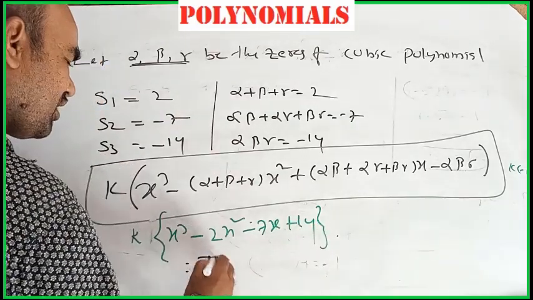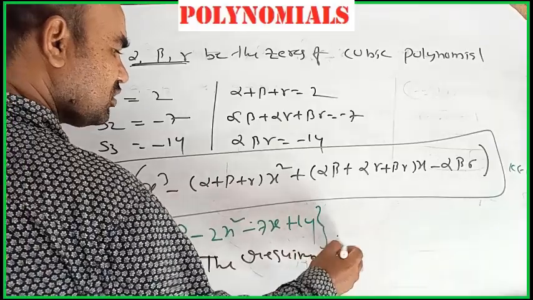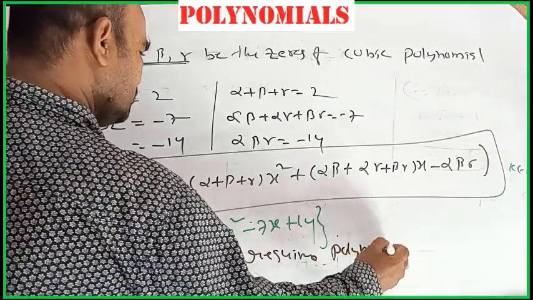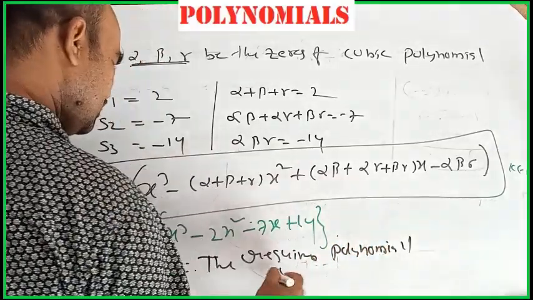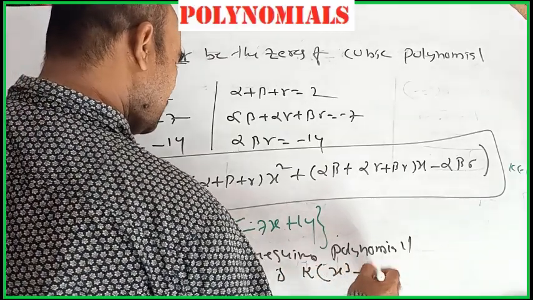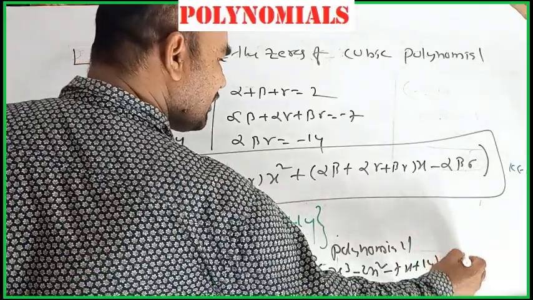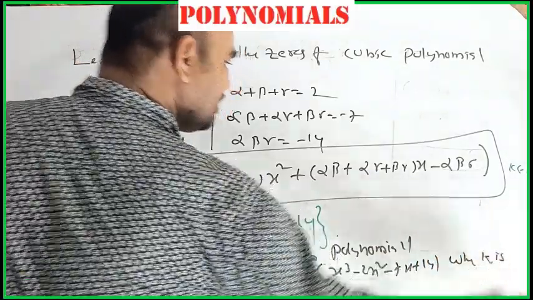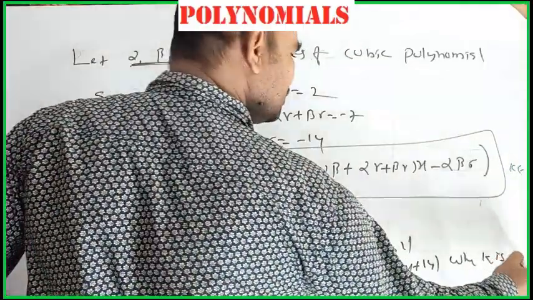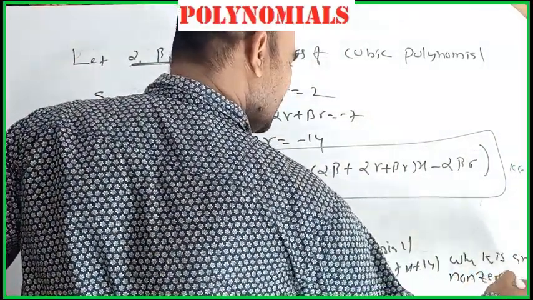Therefore the required polynomial is k times of x cube minus 2x square minus 7x plus 14, where k is any non-zero real number.